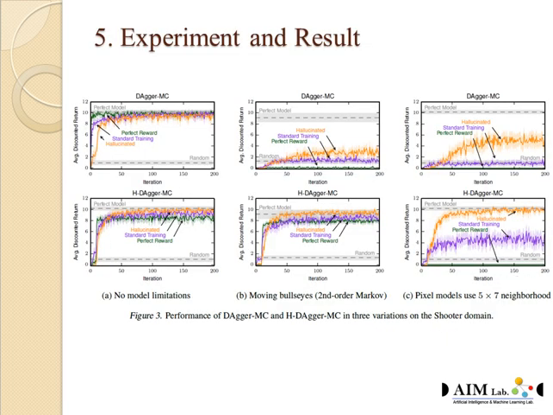The experiment results are given in six pictures. The first row is using DAgger-MC only, and the second row is H-DAgger-MC. The column means the model limitation: it doesn't have any model limitations, or moving both sides, meaning both sides can move left and right.